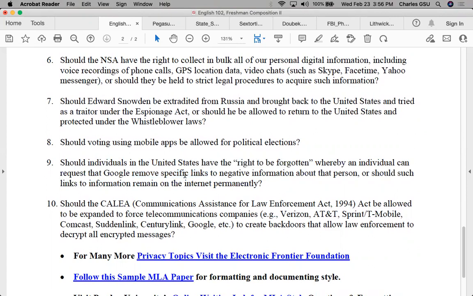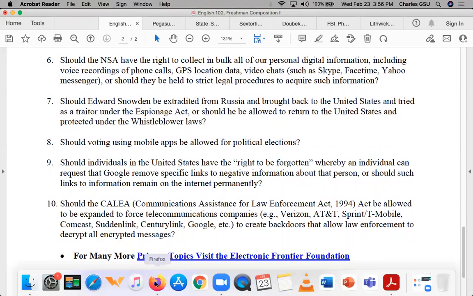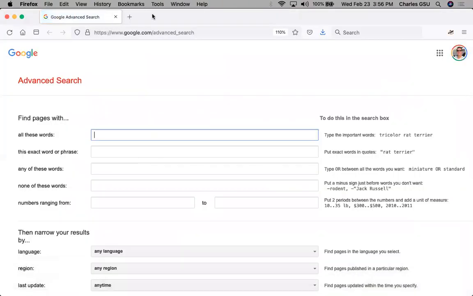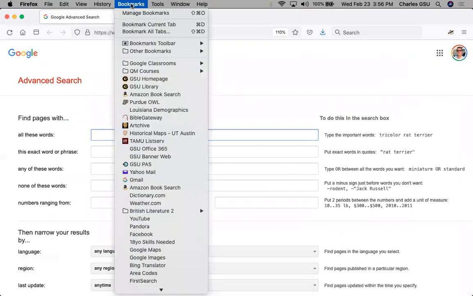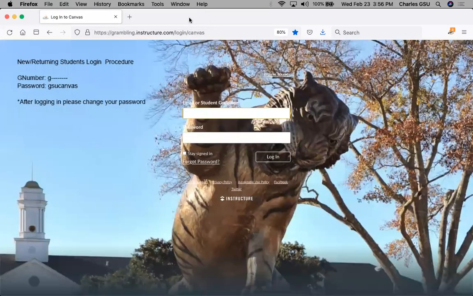So if we go to Google, Google is a search engine, not a search directory. And this is my homepage, right? So let's say I go to Canvas, right? There's Canvas.